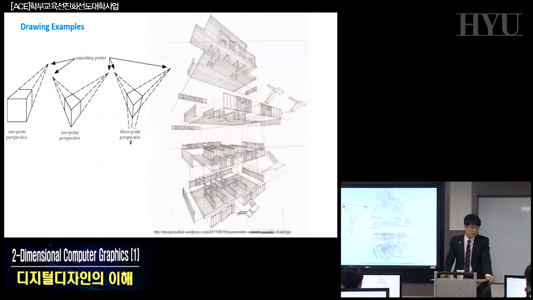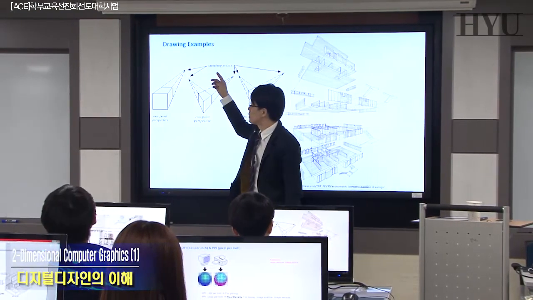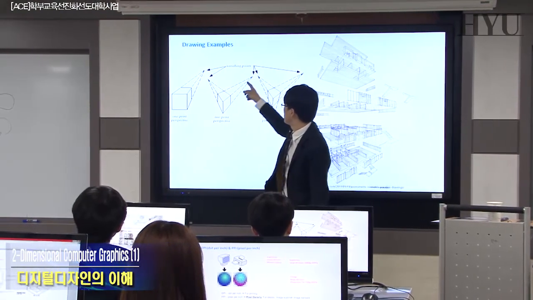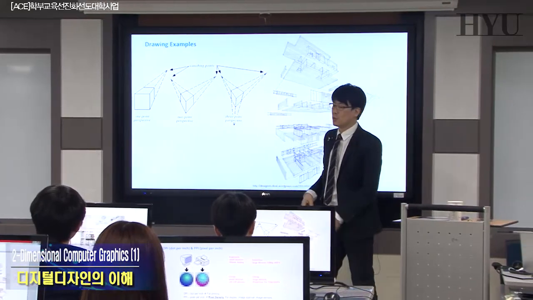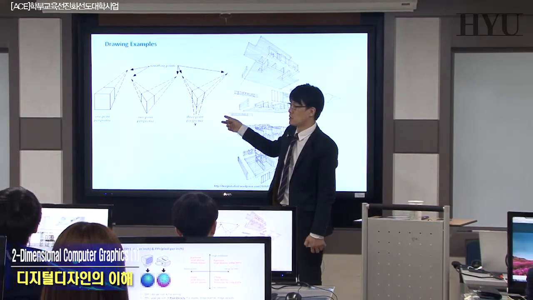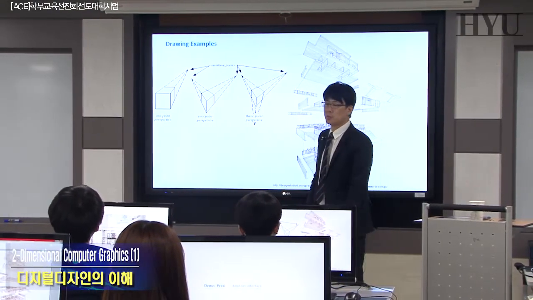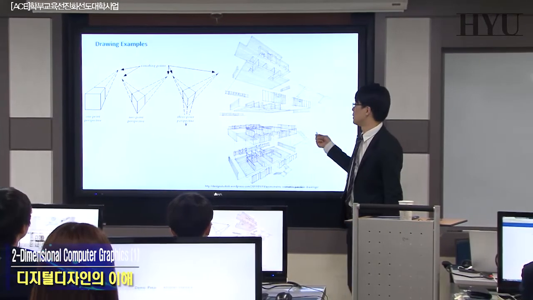How about different type of 3D perspectives? Number of vanishing points, 1 point, 2 points, 3 points. So usually 3 points of perspective is common, but I recommend to use 2-point perspective. I'm going to show you later in the picture.